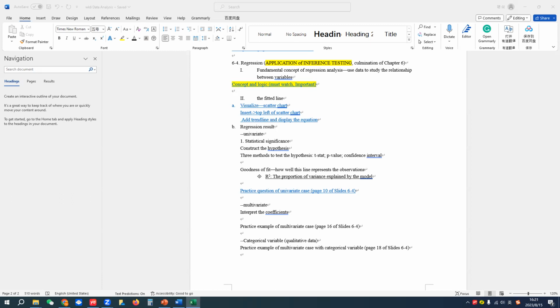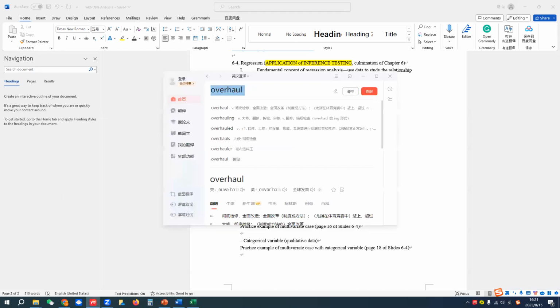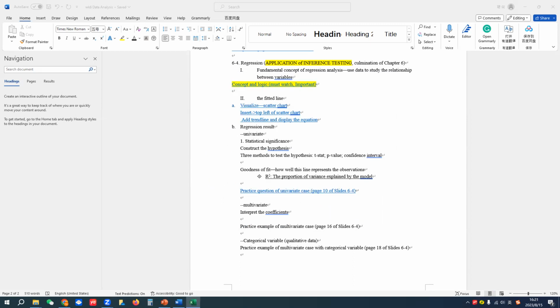So if we were to compare this to the previous one, which is here, that was less than 1%. So by including more variables, we actually improve the goodness of fit for our model. The model actually fits better. So this is the multivariate case of regression.